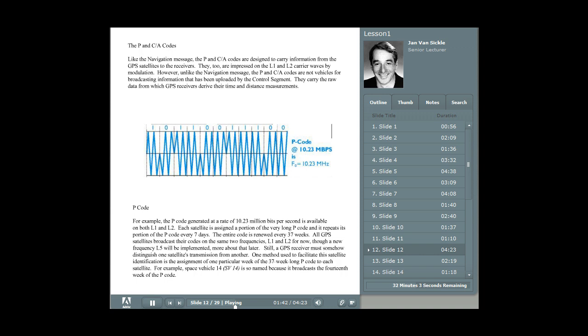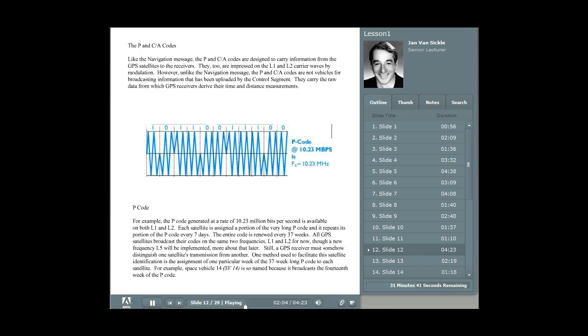As you see, we're talking here about the P code, and with this image, we have a sine wave with particularly sharp corners, but still a sine wave nonetheless. And you'll notice that up at the top of the blue line, there's a 1 and a 0 and a 1 and a 1 and a 0 and a 0, a binary code.